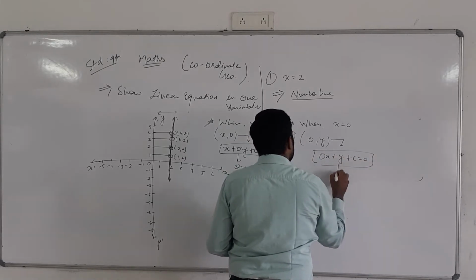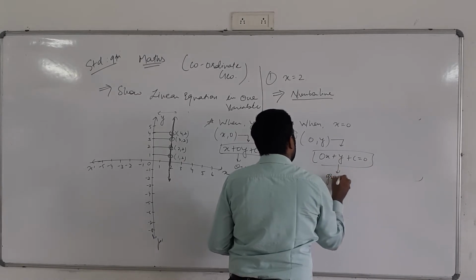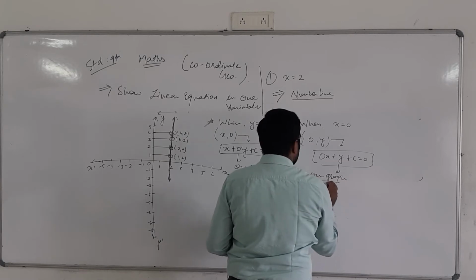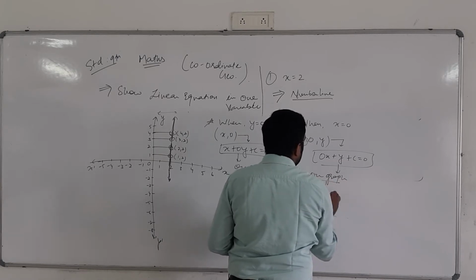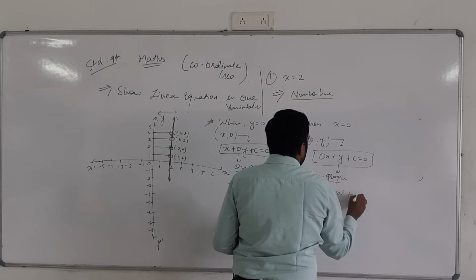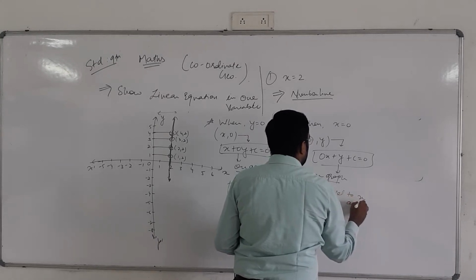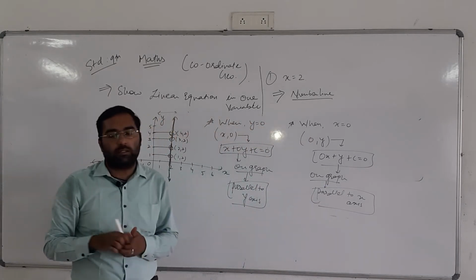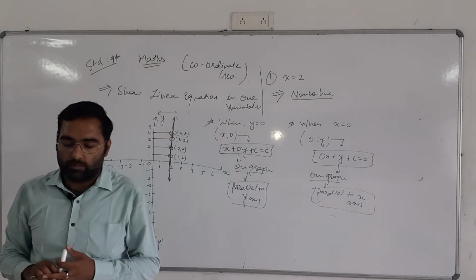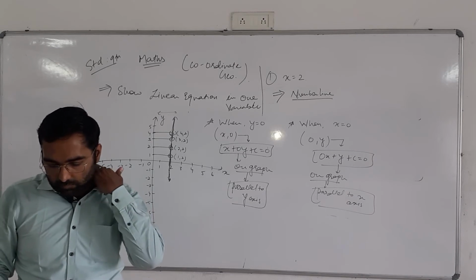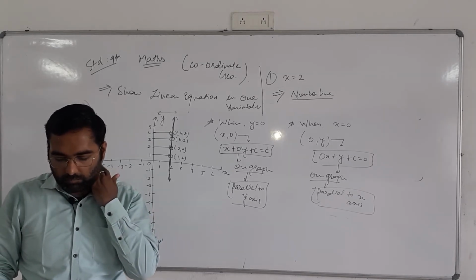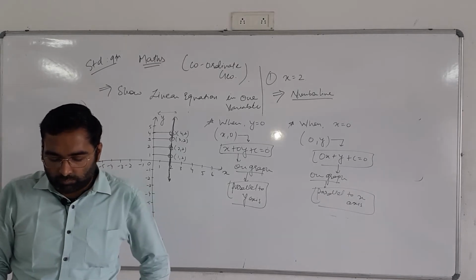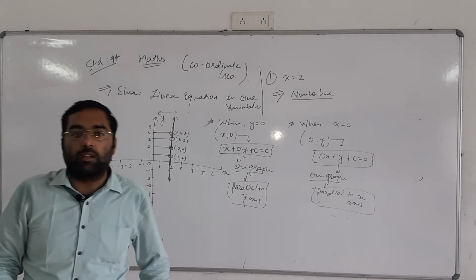And for this equation on the graph, you found that your graph is obtained as parallel to the x axis. Clear, students?